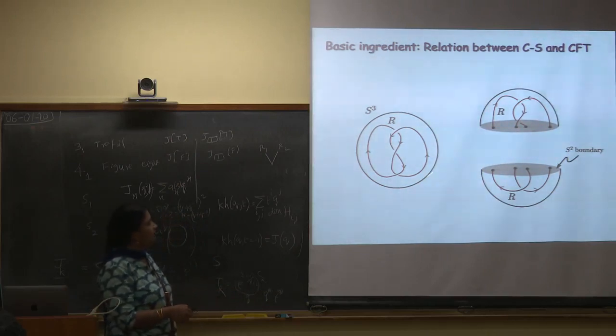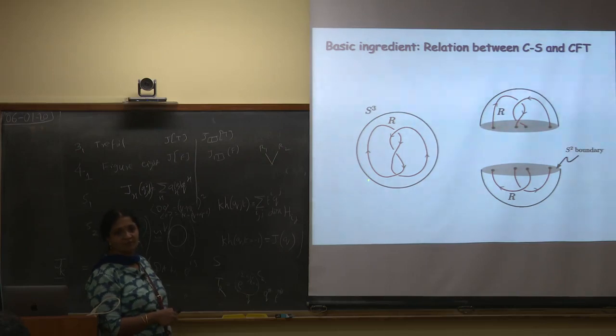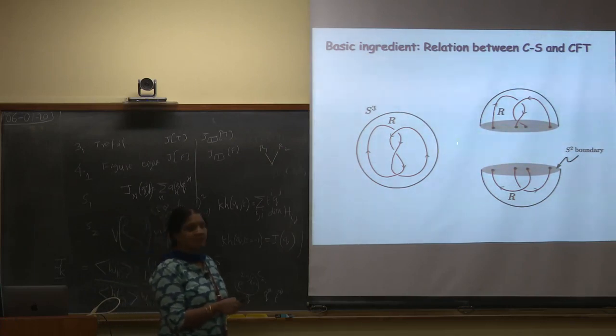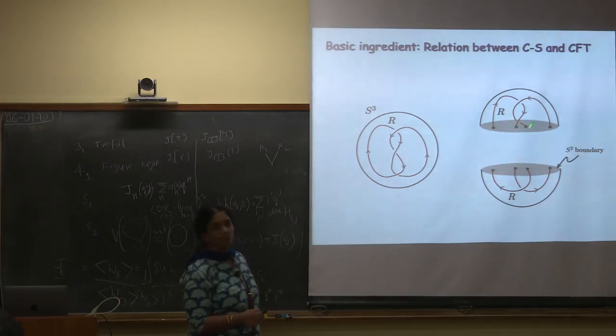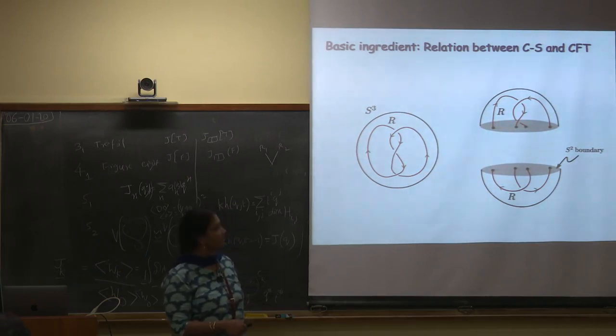So typically you take this knot. If you see, it has 1, 2, and 3 crossings. If you take this knot in S3, you slice it along two oppositely oriented S2 boundaries. Each of the S2 boundaries in this particular case has 4 punctures, and the oppositely oriented S2 boundary also has 4 punctures.